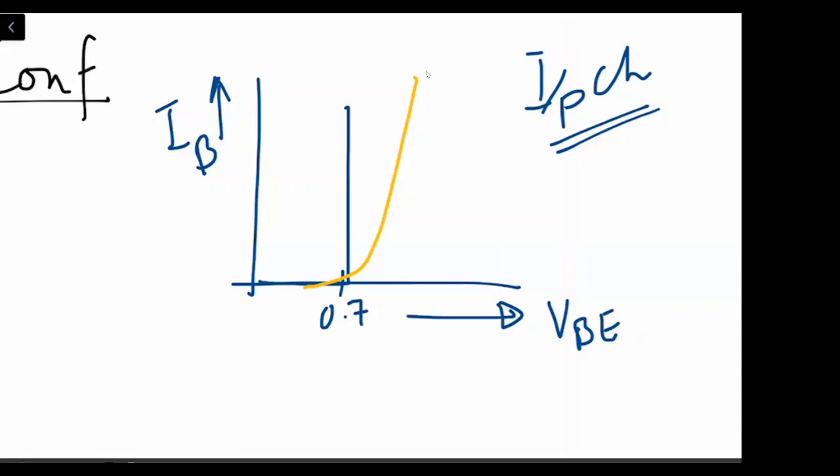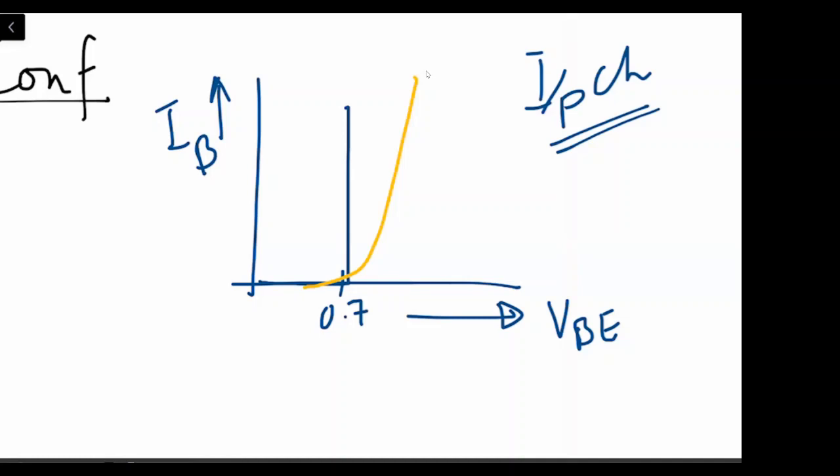Depending on which model we consider, normally at 0.7 volts we say the diode becomes forward biased, and the potential is retained at 0.7. So the drop across the base emitter junction will be 0.7 volts.